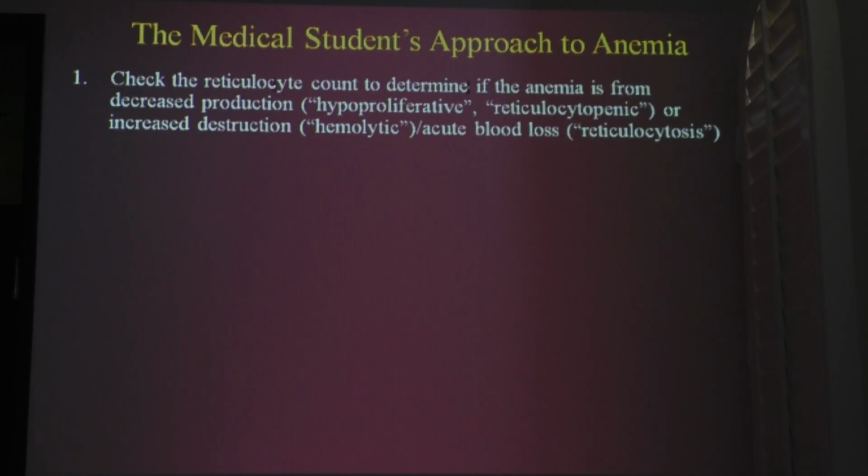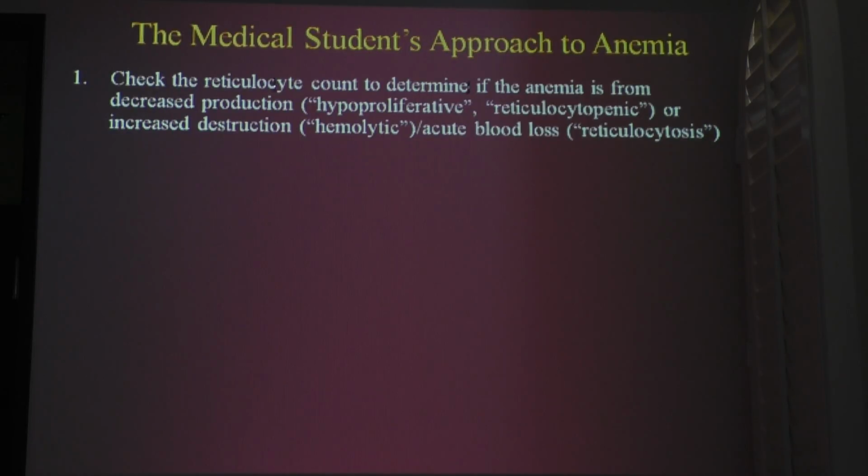So if you look at the reticulocyte count, you can conclude if the anemia is from decreased production, because you have some sort of bone marrow problem. The bone marrow problem can be from lack of some sort of nutrient. We're going to talk about that. Or it can be related to some bone marrow suppression related to a medication.